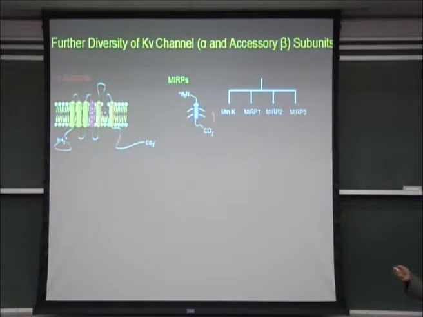And the first of these are the MinK, the minimal potassium channel subunit subfamily, which got its name based on the fact that when it was first cloned and expressed in Xenopus oocytes, this subunit all by itself made functional voltage-gated potassium channels. And so people thought that you could get a potassium channel from this little single transmembrane domain spanning protein. It was later shown that Xenopus oocytes express an alpha subunit endogenously with which this accessory subunit combined to give functional channels.